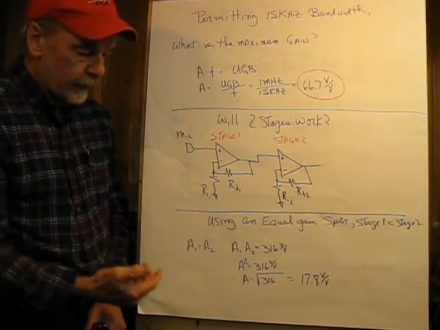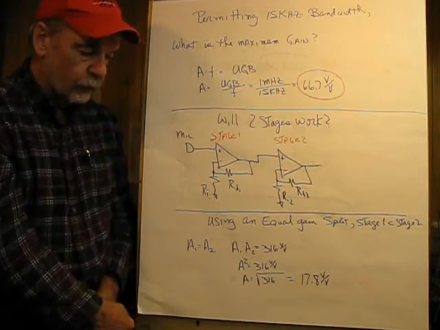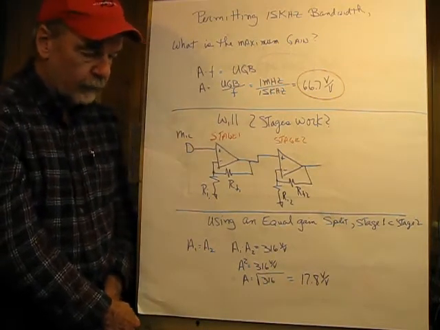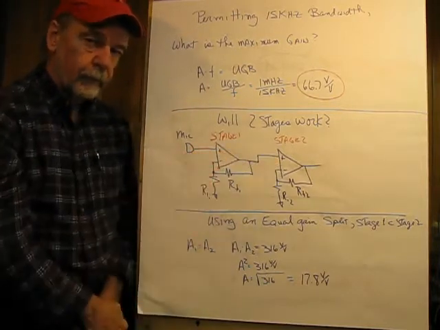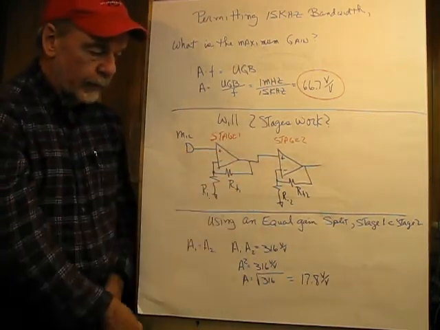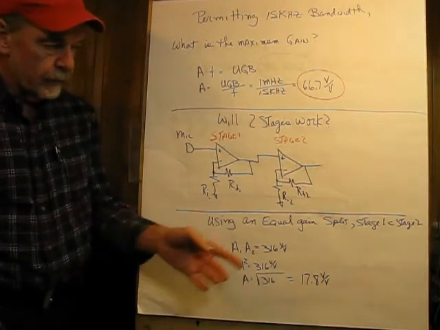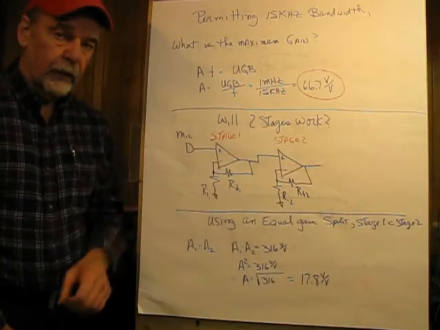So to find A, I just represented this by A squared here. All we have to do is take the square root of 316, and that means that each stage will have a required gain of 17.8 volts per volt. So if we multiply 17.8 times 17.8, we come out with approximately 316, which will give us our 0 dBV, 1 volt output.